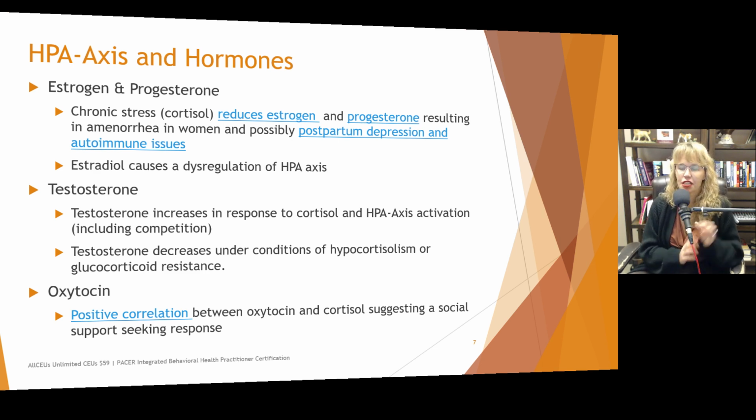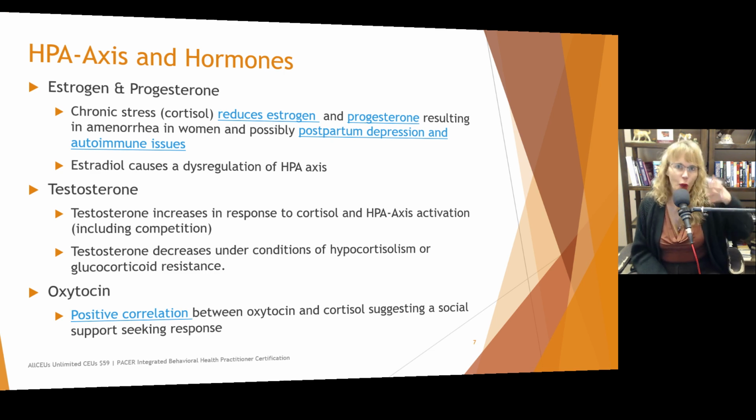Oxytocin is the third gonadal hormone we'll talk about. And there's a positive correlation between oxytocin and cortisol, which I found to be fascinating, suggesting that when we're under stress, when we start feeling this stress, that part of our brain that is responsible for secreting oxytocin says, hey, you need social support. You shouldn't do this alone.